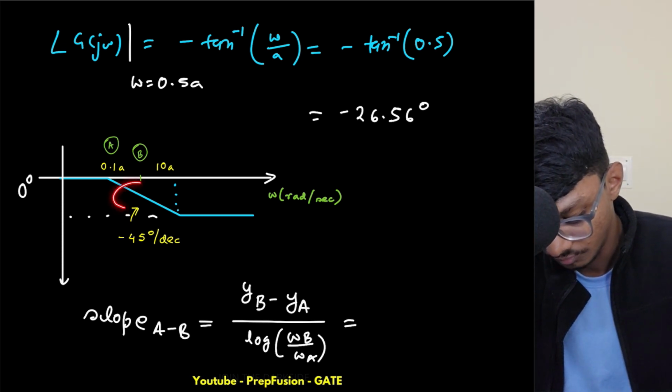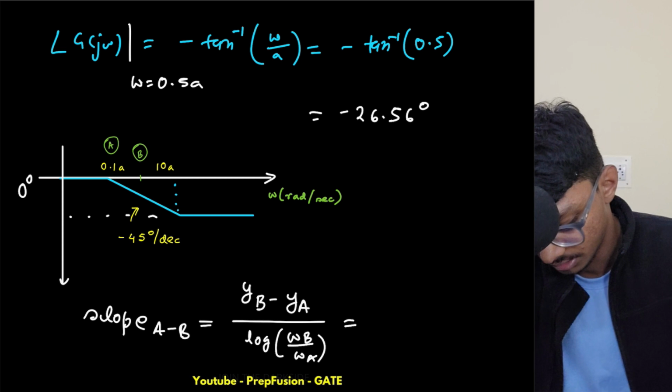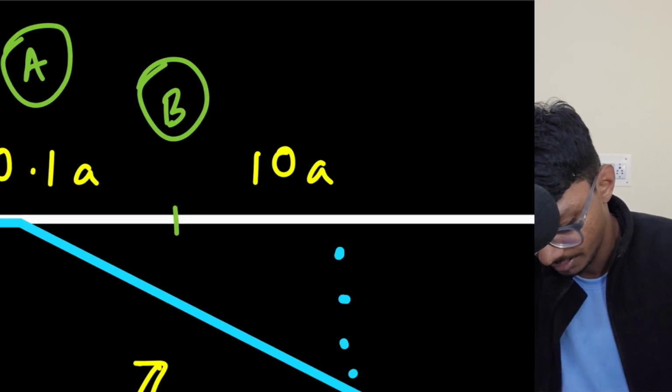We have to find yb here, and this B location is at 0.5a.